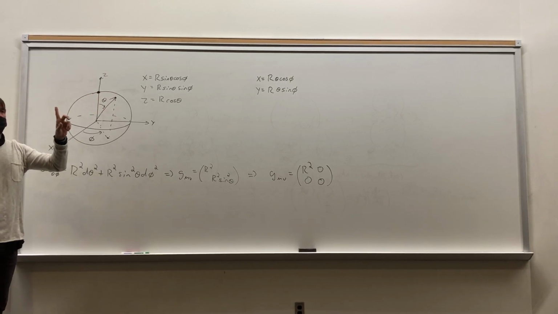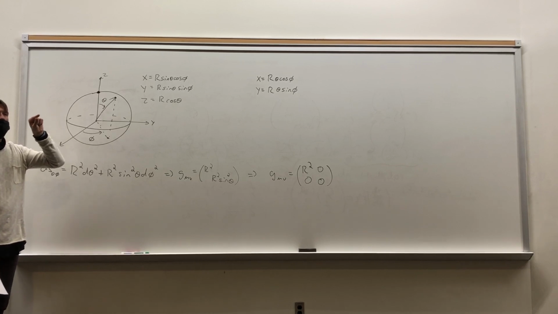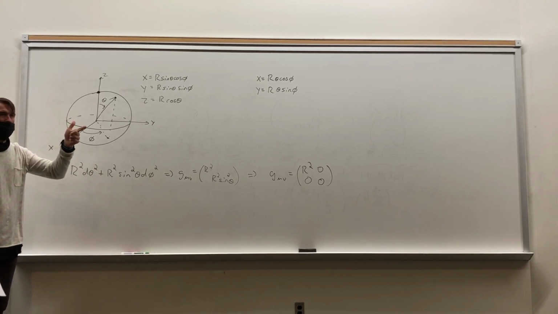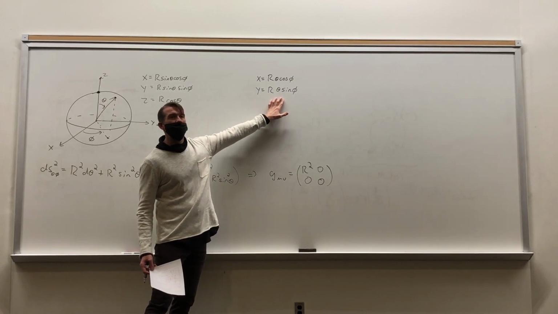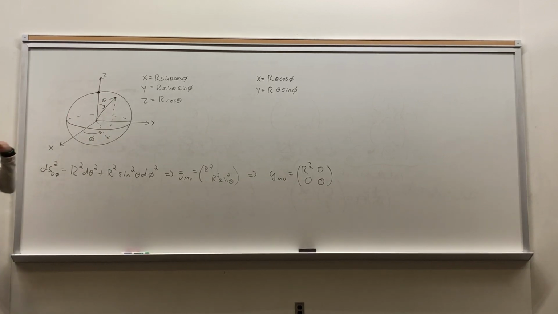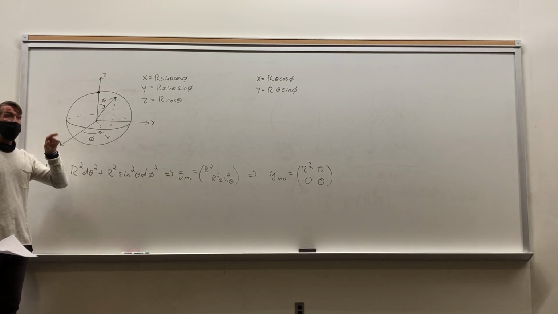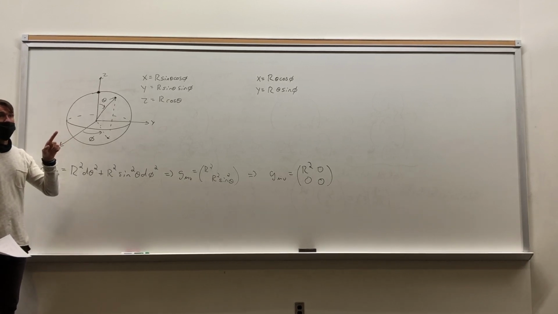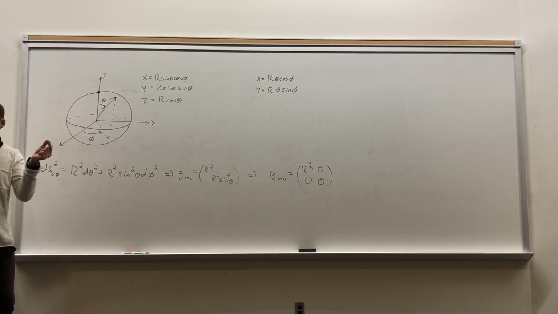If you're at the North Pole and you move a small distance away, your z coordinate won't really change. Your x and your y components will, and they'll change according to these formulas. Again, we're using the small angle approximation on the theta. The phi, we're not using a small angle because you can go all the way around the North Pole, staying very close to it. Theta is measuring your distance from the North Pole, and if you're going to stay near the North Pole, theta has to be small. Okay?